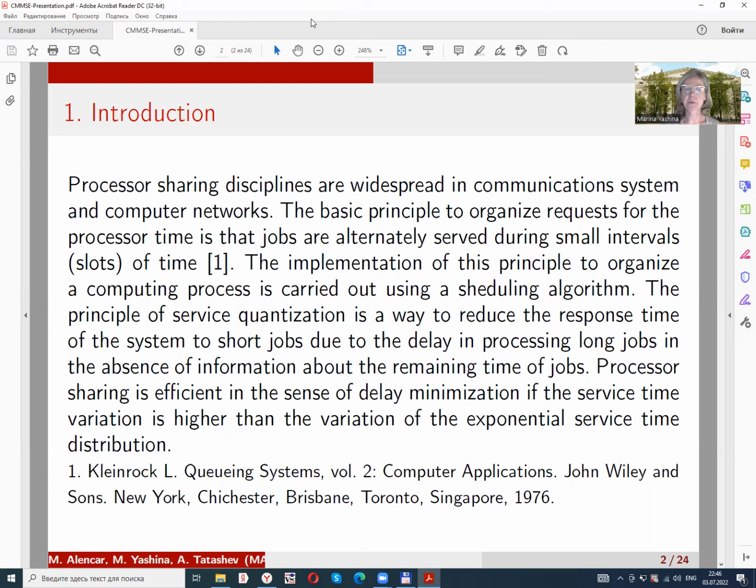Processor sharing is efficient in the sense of delay minimization if the service time variation is higher than the variation of the exponential service time distribution. Leonard Kleinrock was the first who considered this approach.